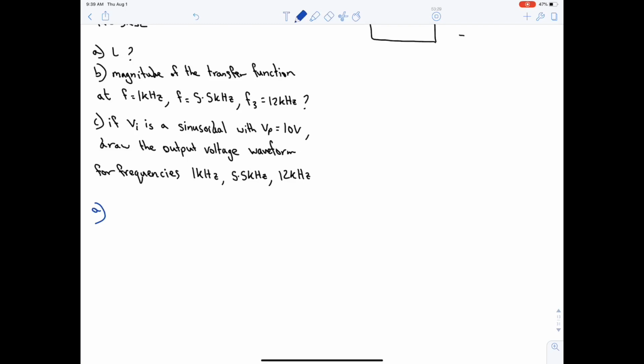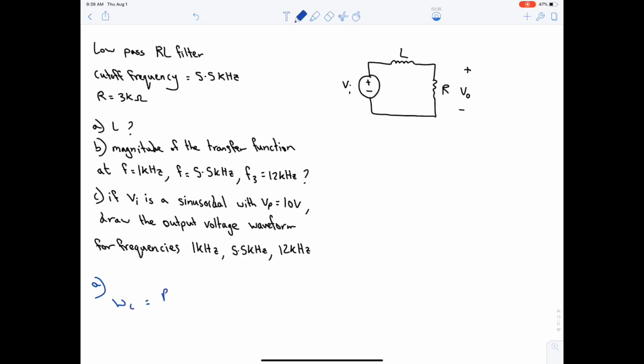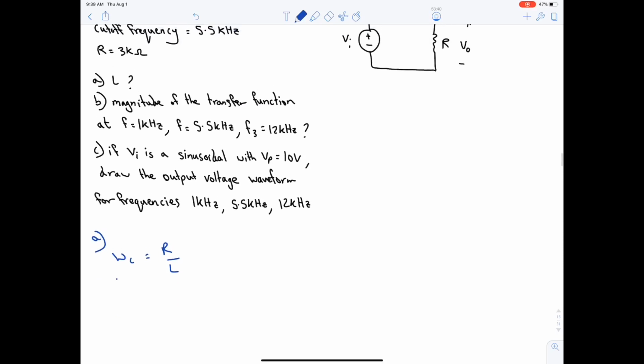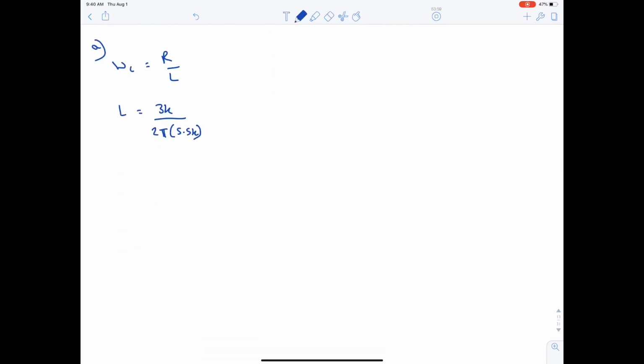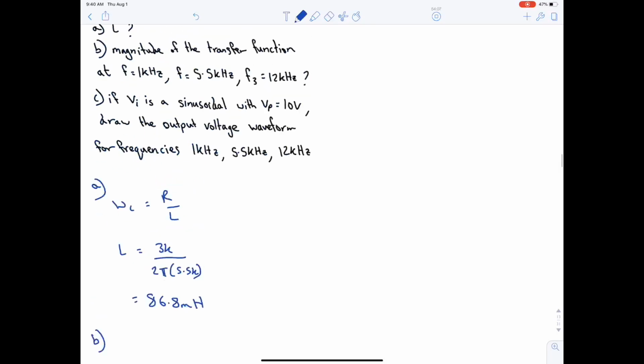So omega C is equal to R over L, so L is equal to R divided by omega C, which is 3K divided by 2 pi 5.5 kilo, correct? Yes. So this will end up with 86.8 millihenry.